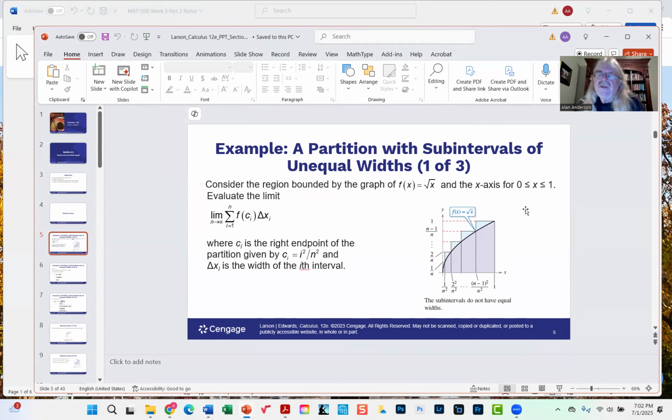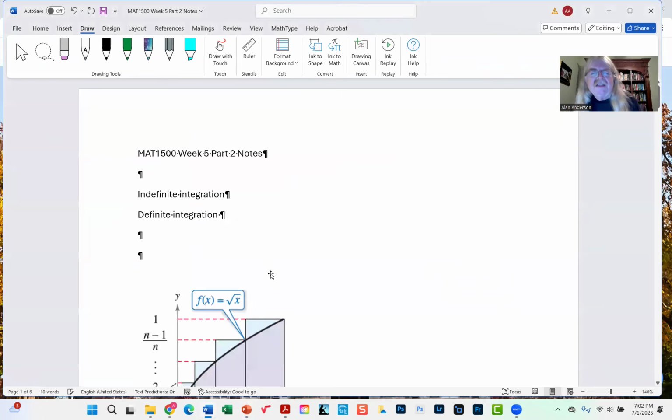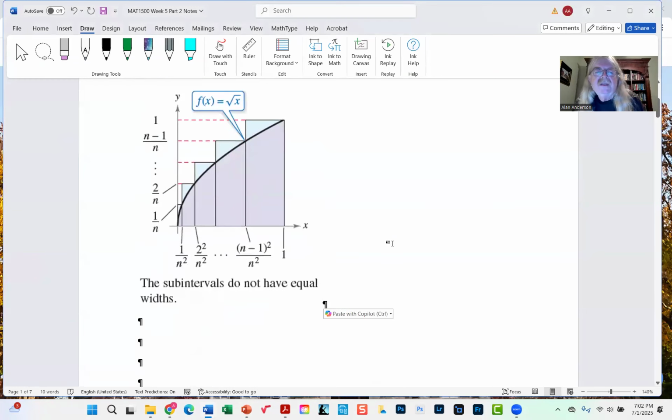What's changed now is that these rectangles don't all have the same base like they did in the previous section. It turns out they don't have to, as long as we understand the formula that determines the width or the base of these rectangles, then we can still calculate our sums, but it's going to be a little bit more challenging.